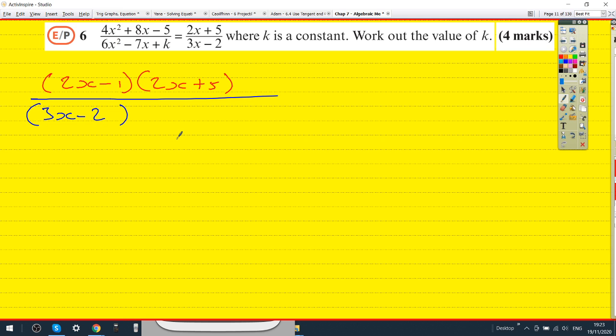What cancels out from the top? 2x minus 1. Yes, that's it. And then you multiply 2 and minus 2 and minus 1, which gives you 2. So k equals 2.